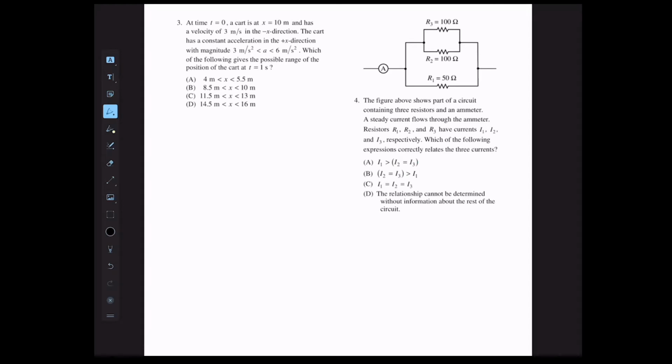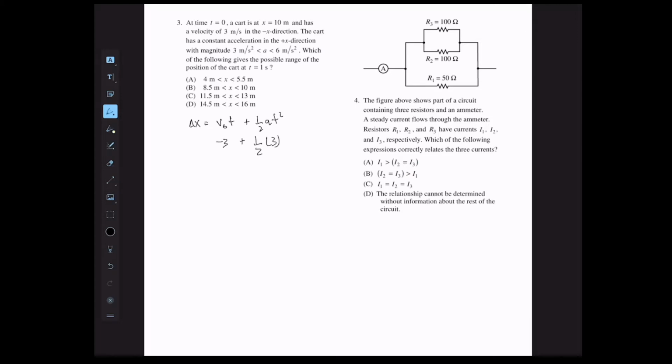Okay, so at time t, a car is at x equals 10 and has velocity of 3 in the negative x direction. The car has a constant acceleration with magnitude 3 to 6. Which of the following gives the possible ranges at t equals 1? So we could use delta x equals v0t plus 1/2 at squared. So v naught is -3 and t is 1. And then for a, let's just try out the minimum and maximum accelerations.